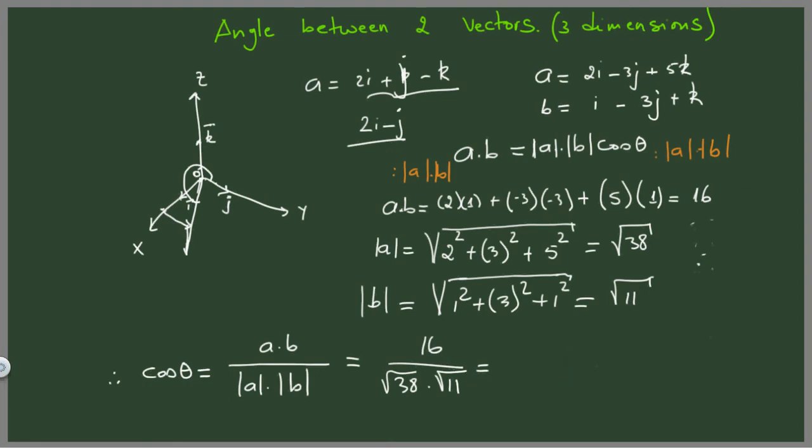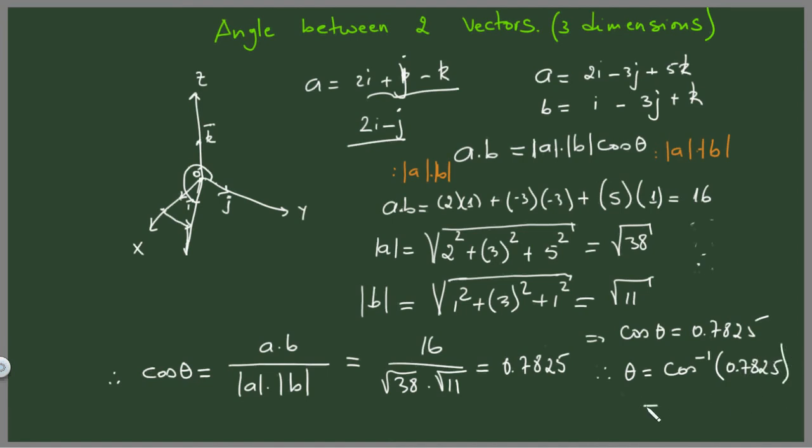This is equal to 0.7825, which means that the cosine of theta equals 0.7825. Therefore theta will be the inverse cosine, cosine to the minus 1, of this value, 0.7825.